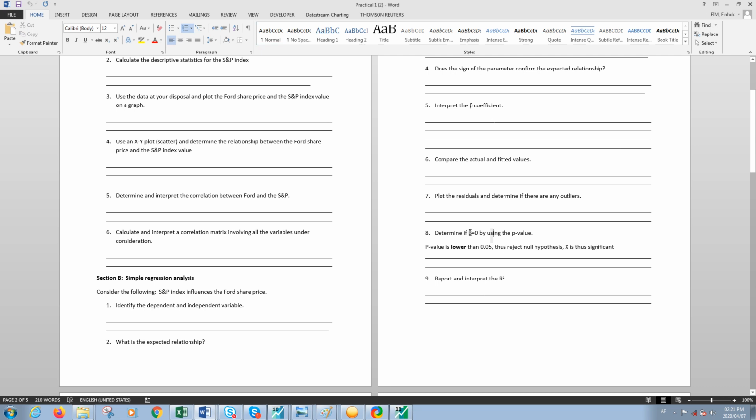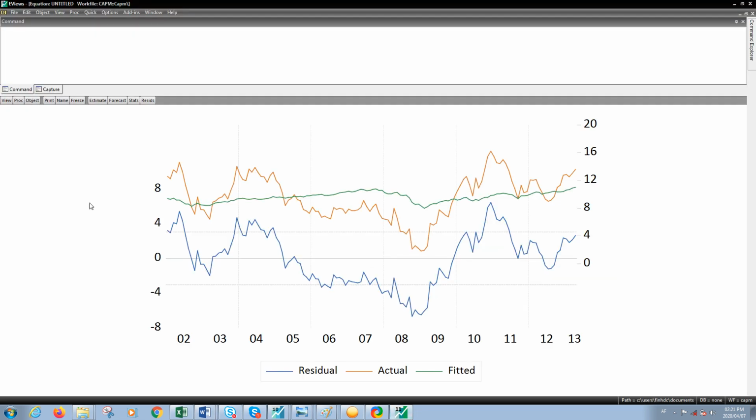Now what does a beta of 0 mean? Remember, it means that we've got a statistically insignificant variable. In order to reject this null hypothesis, our p-value needs to be lower than 0.05 to reject our null hypothesis at a 95% confidence level. Okay, if you don't understand, go back to the slides. And so we go back, this is still within our equation.